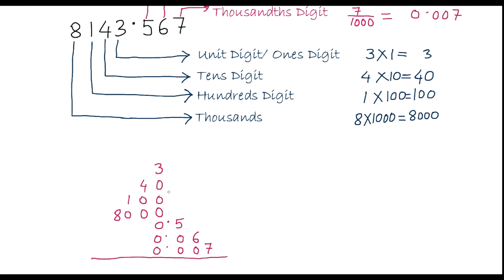If you're not comfortable with the numbers here, there are no digits after the decimal point, so you can put digits after the decimal point. You can complete it with zeros and then add.